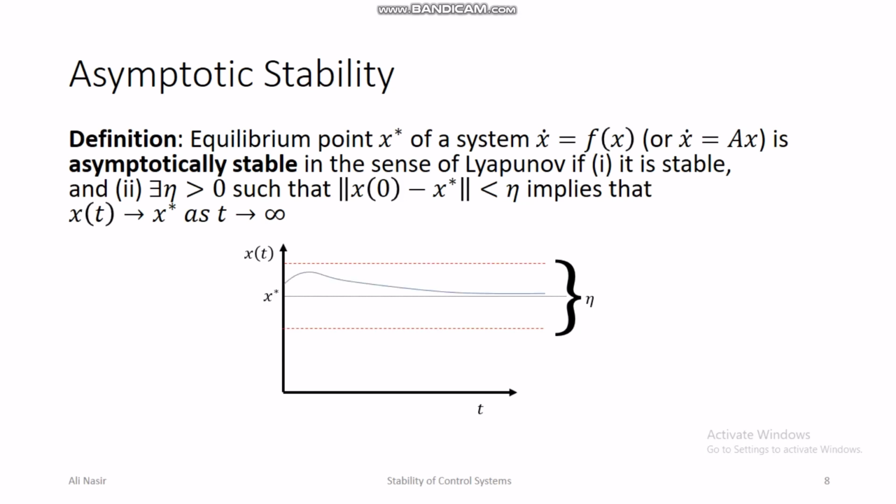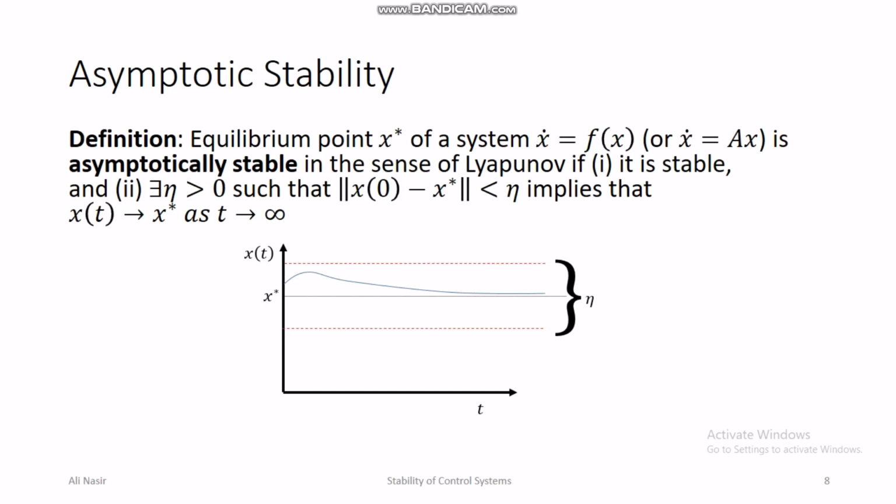If you look at the blue line, it starts within the neighborhood and converges to the equilibrium point value, although it never becomes exactly equal to it because of the existence and uniqueness of solutions of differential equations. So it will never cross or touch the equilibrium point, but as time goes on, it will come closer and closer to it. So we say that x of t approaches x star as t approaches infinity.